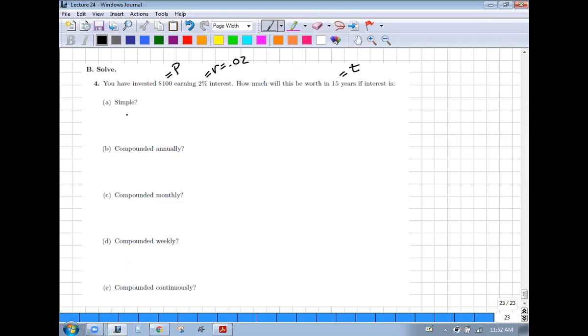If we have simple interest, the amount is P times (1 + rt). So that means they're not collecting any interest until the end of the 15 years. They only charge interest once at the end of the note, right? So we would have $100 times (1 + 0.02 times 15).